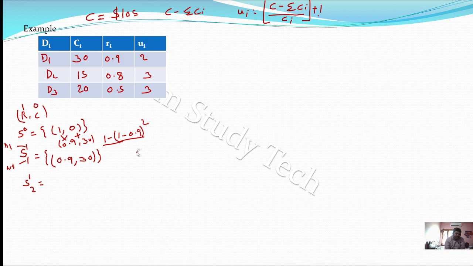You already calculated that value, it is 0.99.